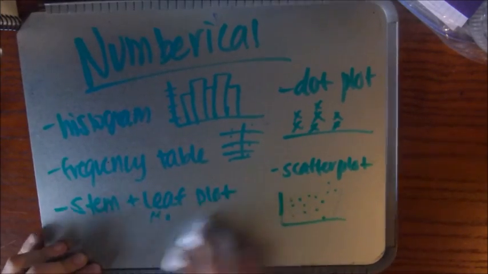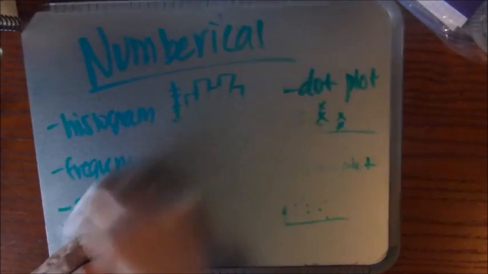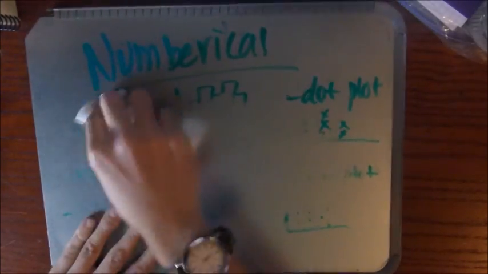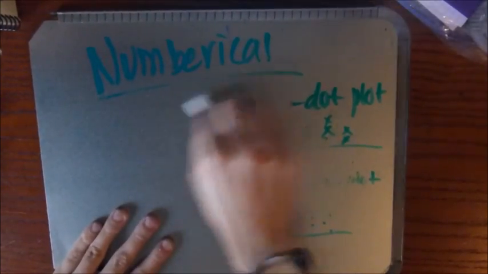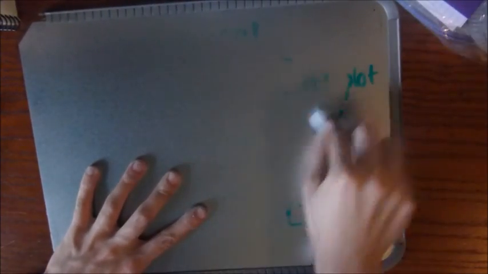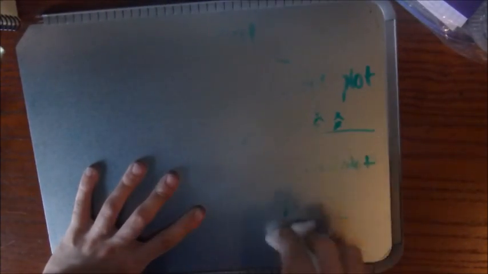Now I'm going to go over a couple of examples that I found difficult differentiating between categorical and numerical data. Let's start with zip code.